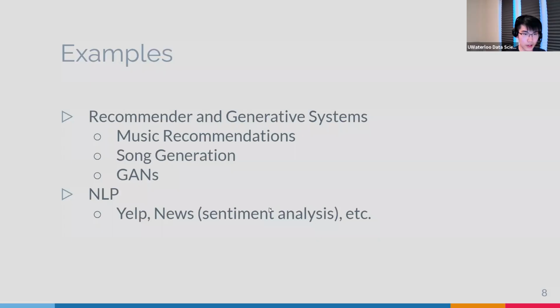In terms of other examples of things people wanted and we thought would be interesting to work on, there are recommender and generative systems. It's interesting that we put these together, but it spawned from music generation or recommendation. These are just broad categories of fields you could explore.